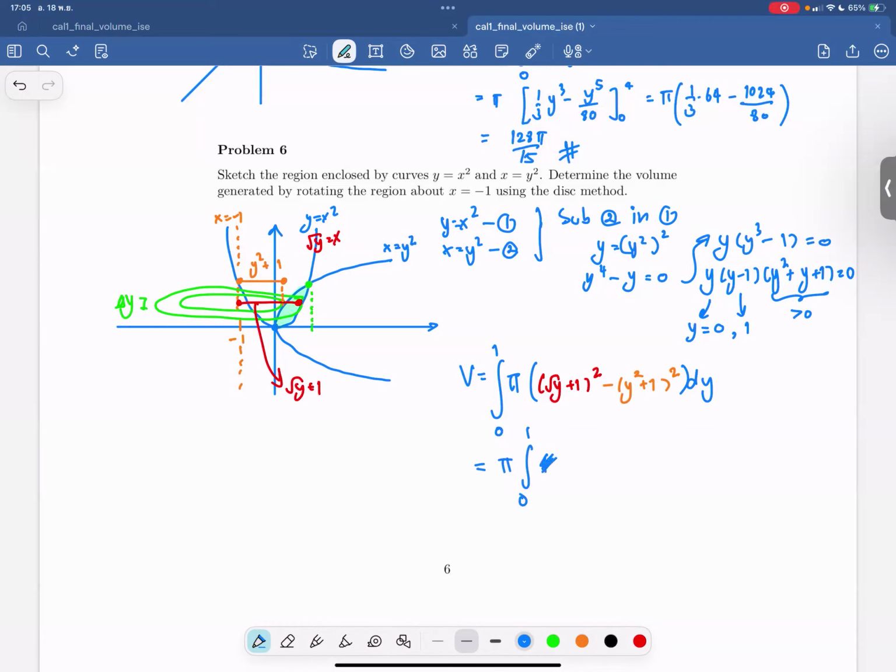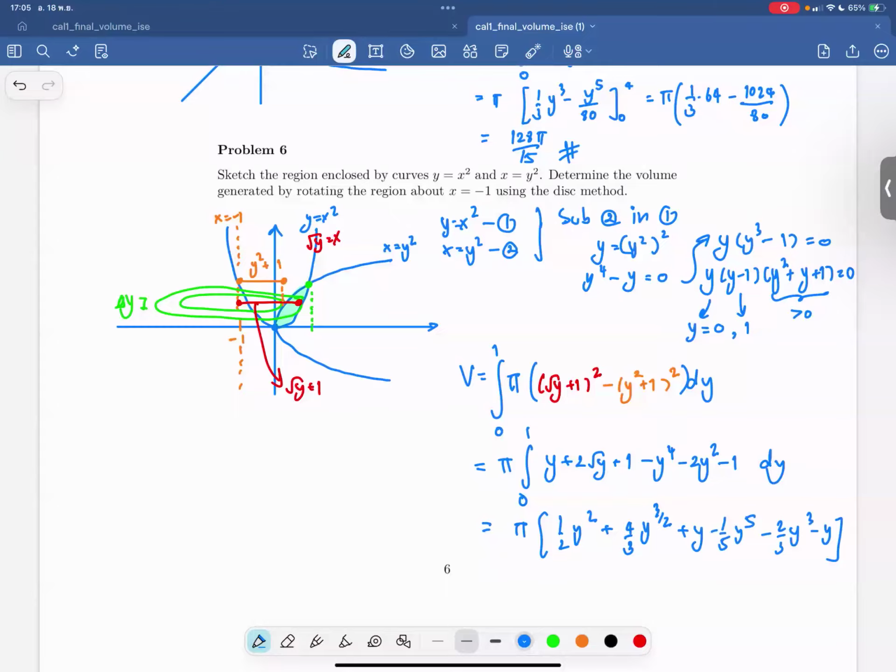Like y plus 2y plus 1 minus y to the fourth, and then dy. Okay, so it should be pi times 1 over 2 y squared plus y to the fourth, 3, right? y to the fifth over 5, or 3 y cubed, and then y, and then take it from 0 to 1.